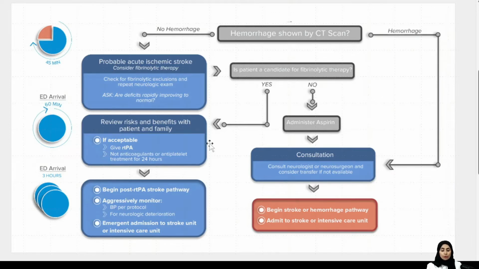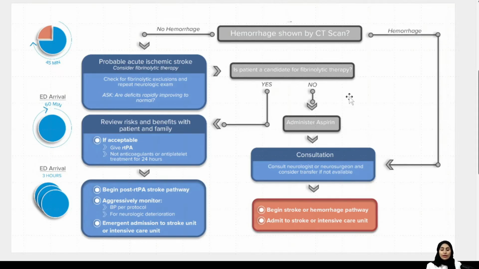Patient then should be admitted to ICU or stay in the emergency department. Aggressive monitoring of blood pressure and neurological examination. But if the head CT showed any hemorrhage, the patient should be evaluated by neurosurgery and neurology, and the hemorrhage pathway should be started.